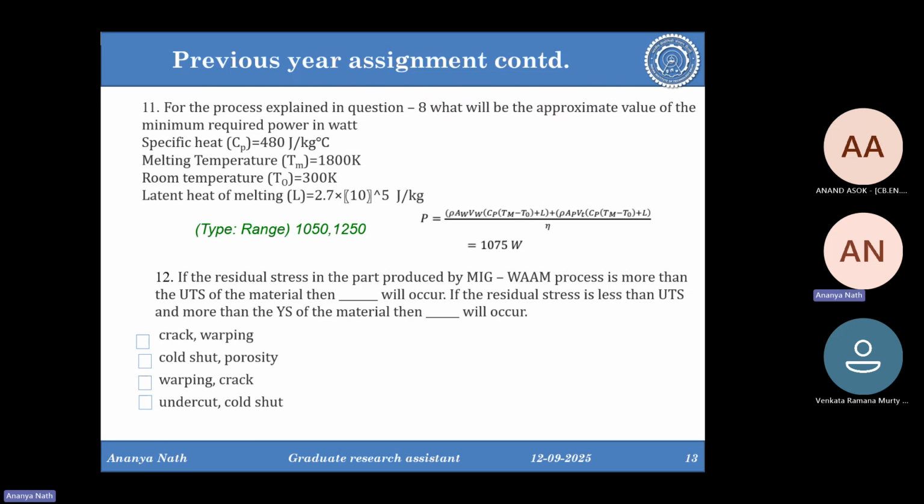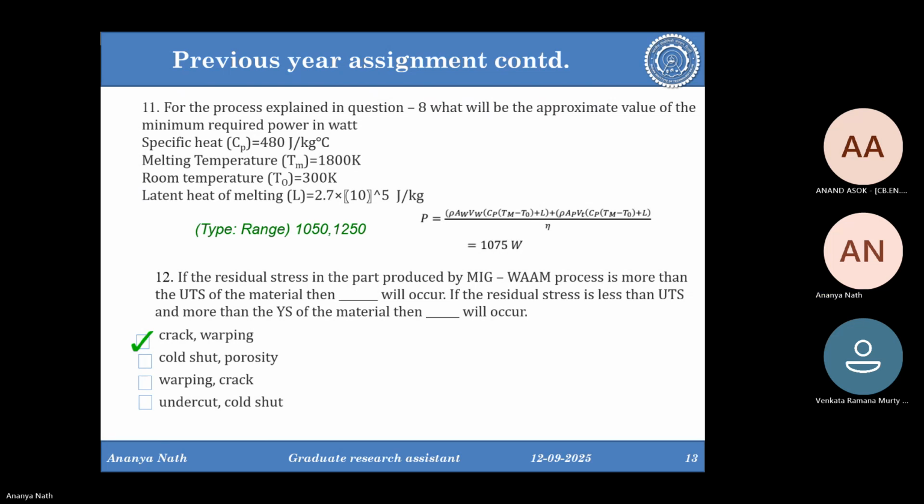If the residual stress in the part produced in MIG-WAM process is more than the UTS of the material, then what will happen? And if the residual stress is less than UTS and more than YS, then the material will have what? I will answer. It's a little bit tricky.